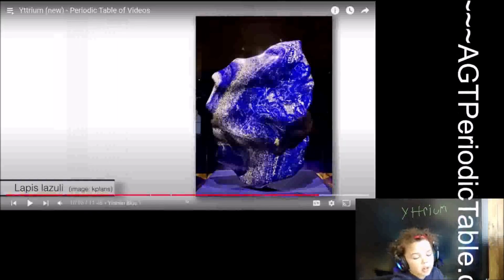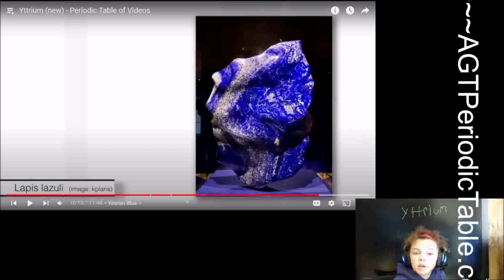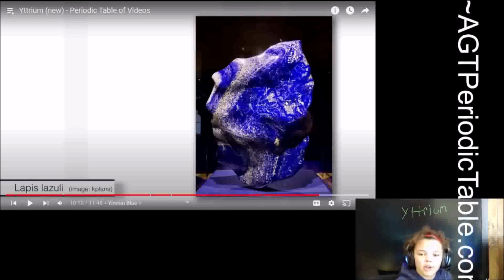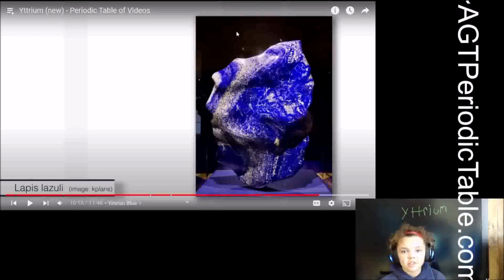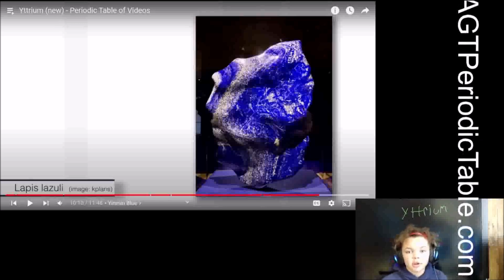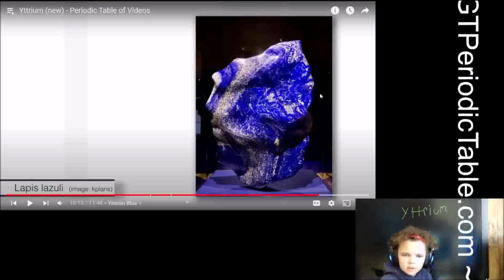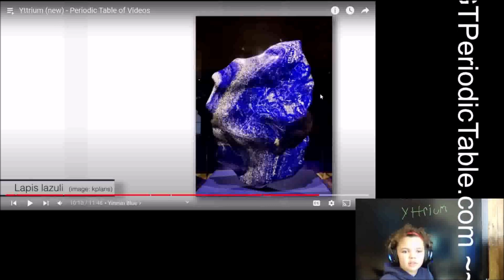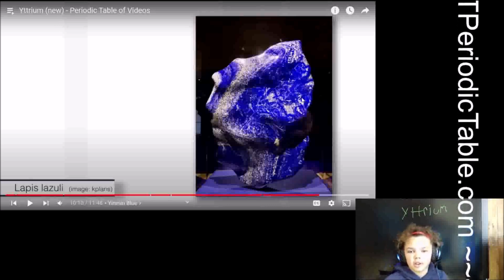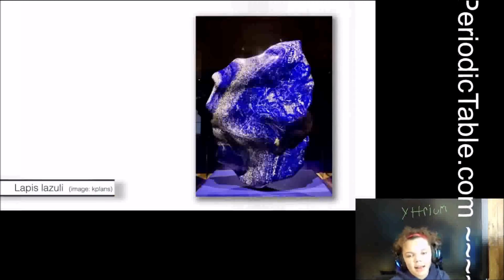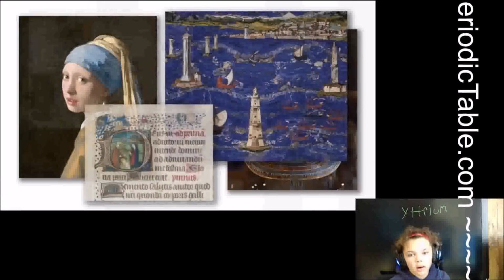It's very pretty, and I'm sure it's easier and probably cheaper to use YInMn blue than lapis lazuli, which is why in medieval times blue paintings were so valuable.